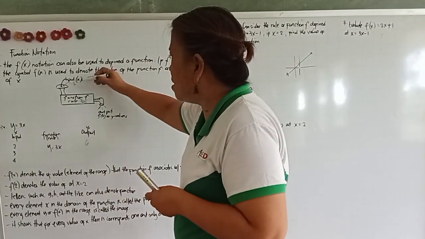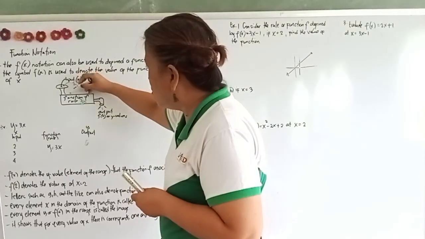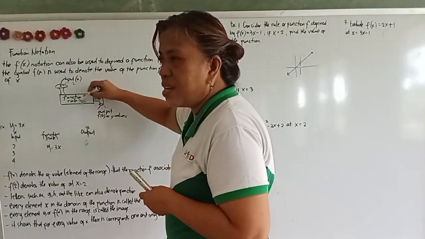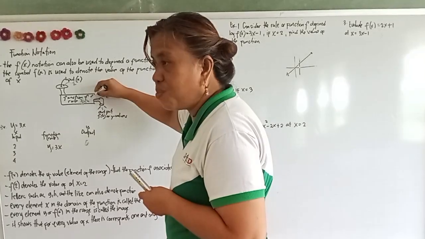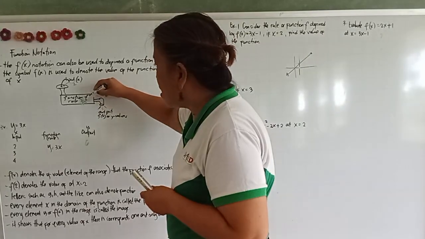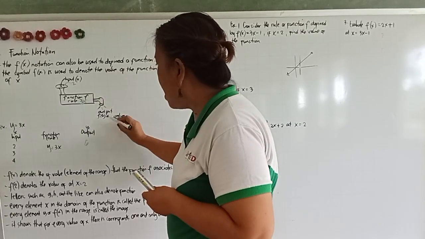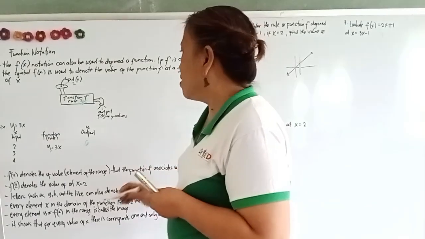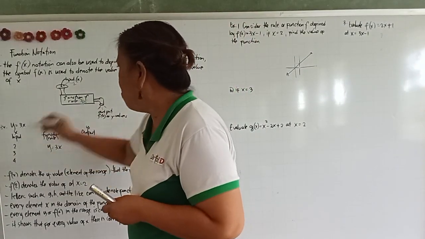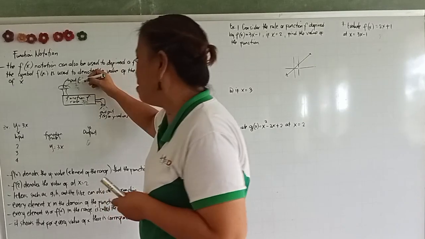When the x value 2 goes in, it is placed in the rule, 3 times 2. The variable x is replaced by 2. So 3 times 2 comes out as 6. The output is 6. Let's say another input, 3.